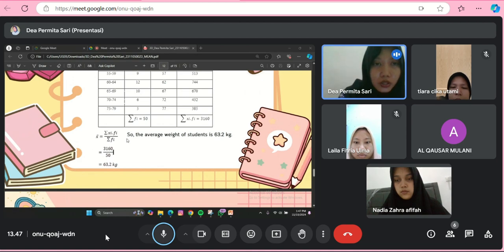We use the formula x bar equals sigma xi multiplied by fi divided by sigma fi, equals 3160 divided by 50.